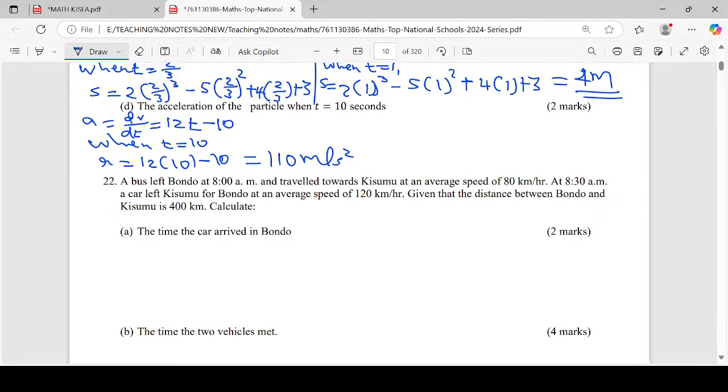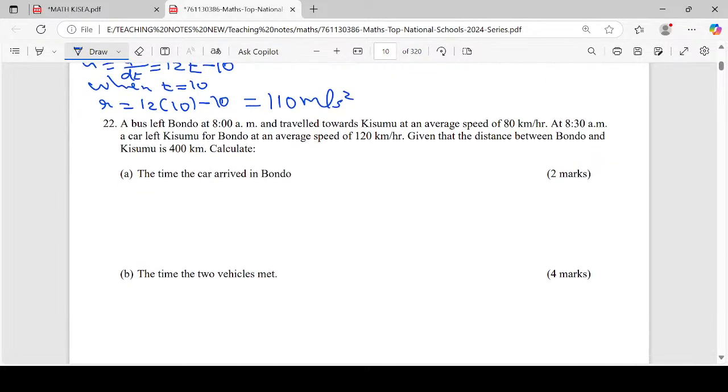Let's look at question number 22, which is our question 2 of discussion in this session. The question is from Form 2, linear motion. So any Form 2, Form 3, Form 4 who is to take an exam has to take this on a serious note.